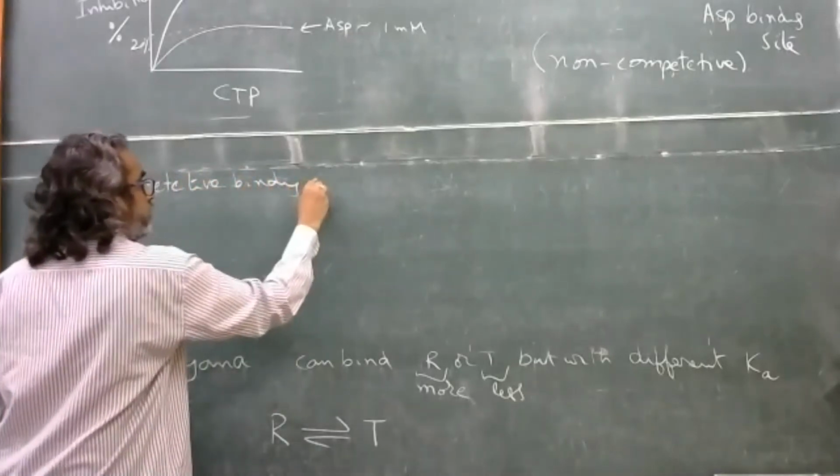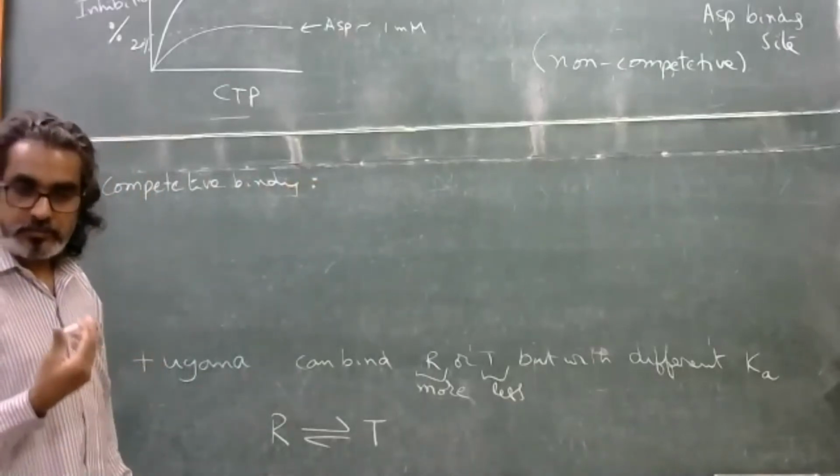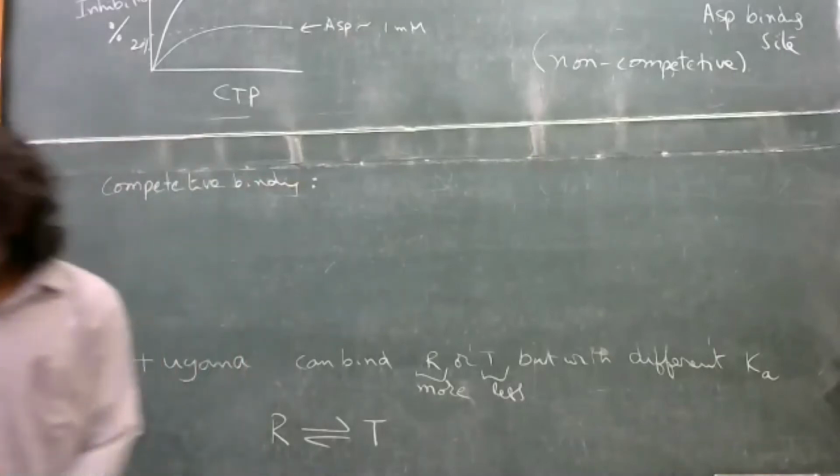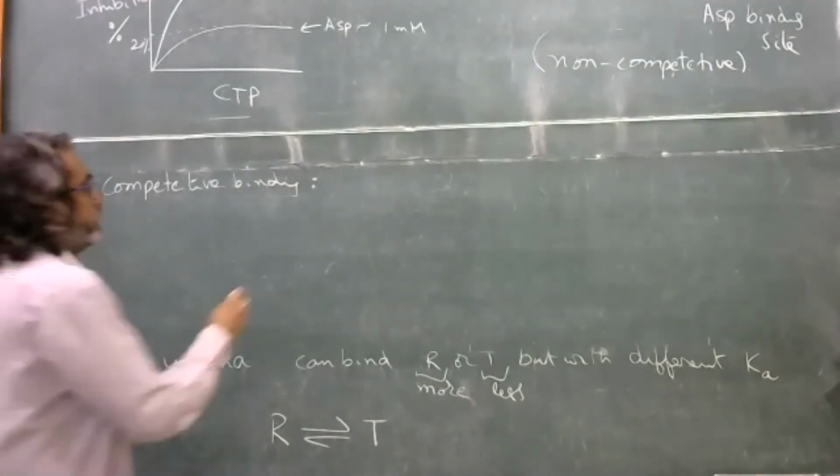we need to use a molecule which binds at the same site as aspartic acid. There are molecules available for this: succinate and malate.